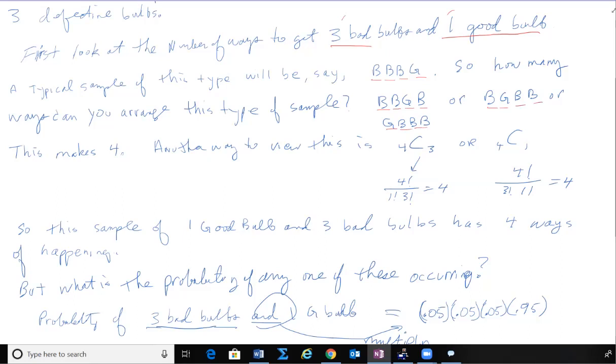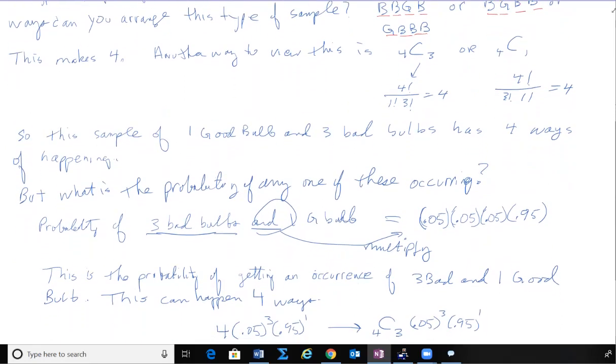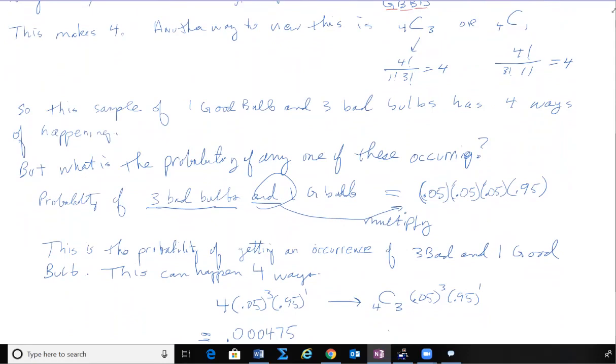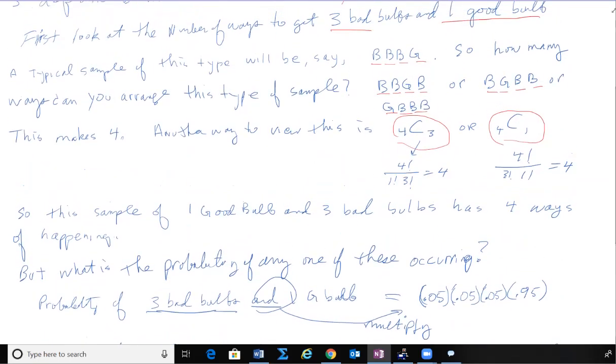Okay, now another way to view this is using our combination theory for counting. In a sense, when you look at these, you could view this as kind of like a word, and these are 4 words, and you wonder how many ways can I move that G around to make a different word, because moving the B's around, switching them with each other, doesn't make any difference.